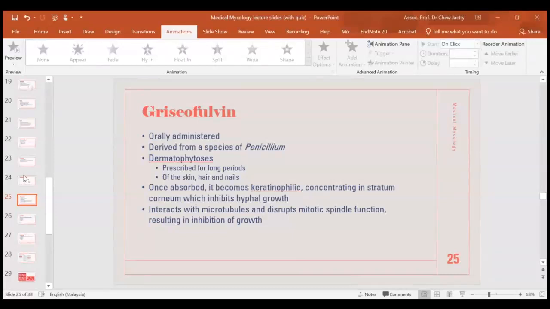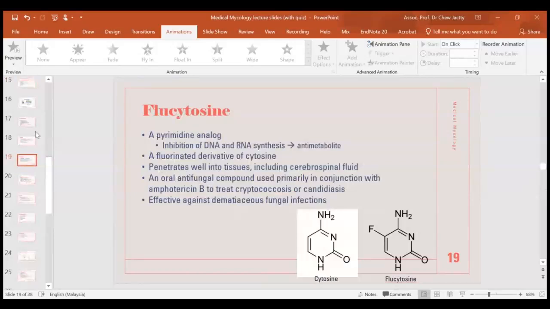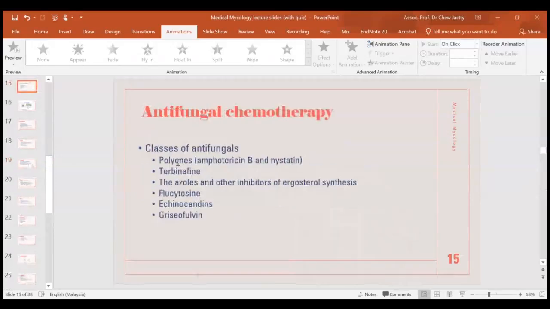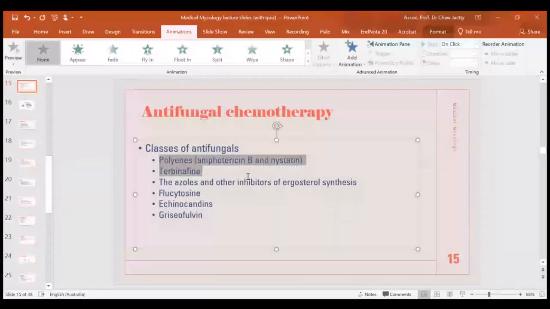So if you look at the 6 different groups of antifungals, the first 3 target the ergosterol synthesis, which is part of the cell membrane structures. Flucytosine is a pyrimidine analog, so it interferes with RNA and DNA synthesis.